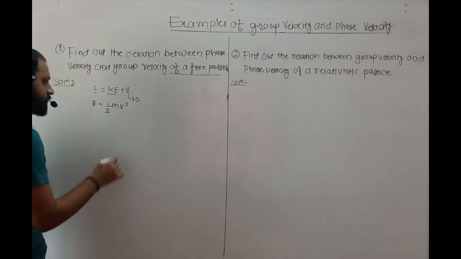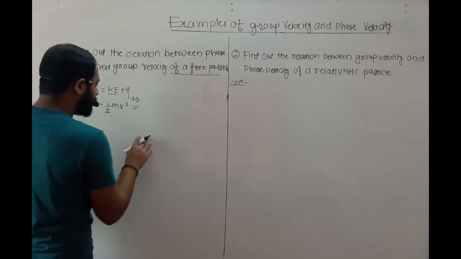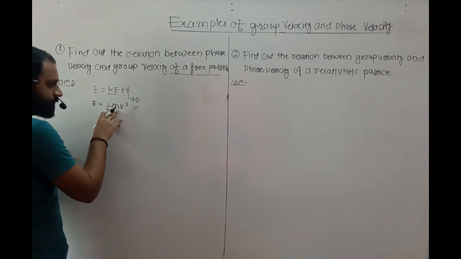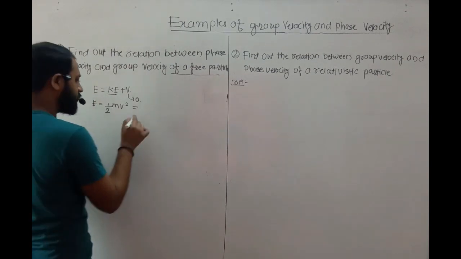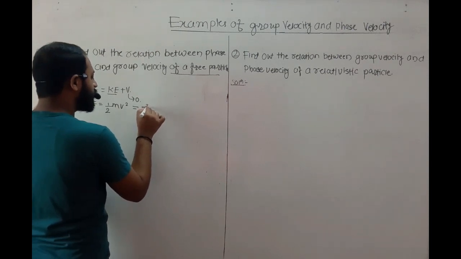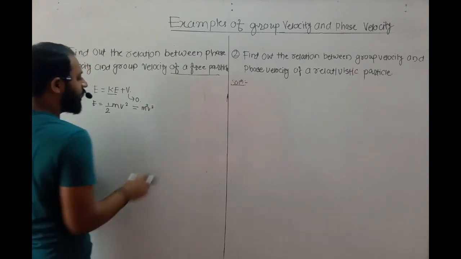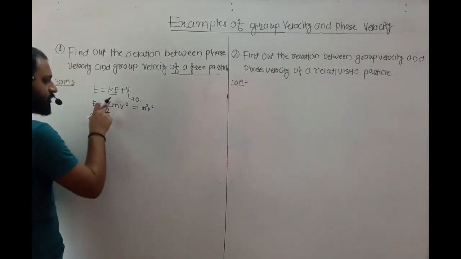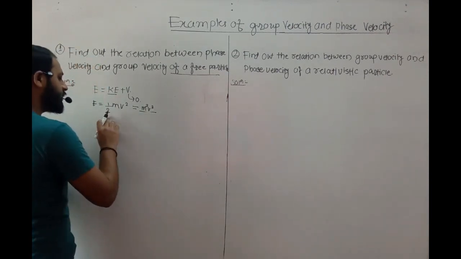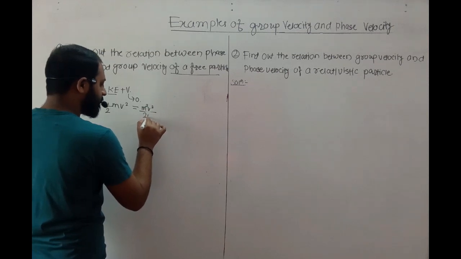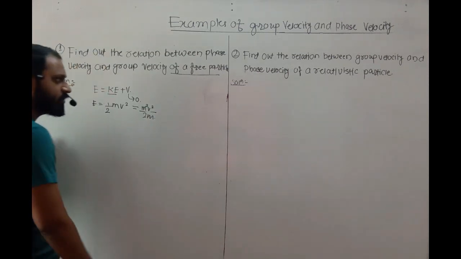Now see what I am doing. I am multiplying m in the numerator, giving m square v square, and I am going to multiply m in the denominator also, that is 2m. After this no problem.